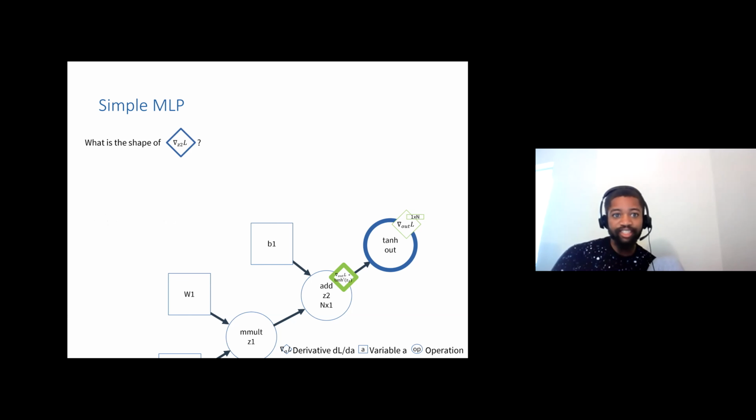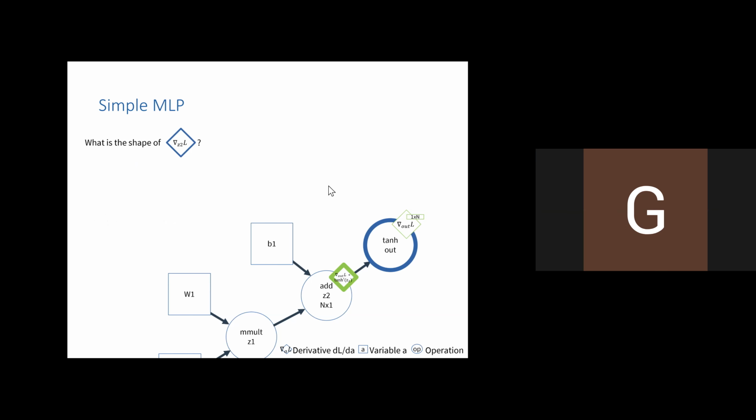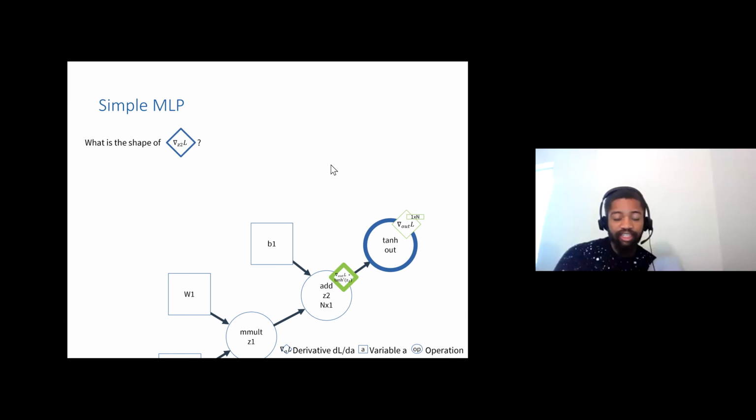So now, any takers for what the shape of the gradient of the loss with respect to Z2 would be? Is it n by n? Not quite.